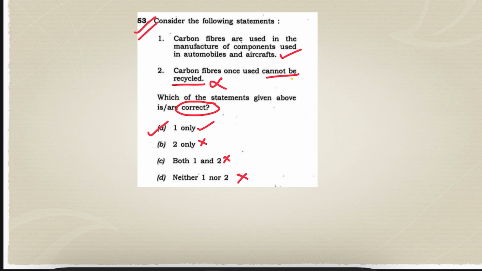Like here, you will read first option A, that only one is correct. Yes, I'll put a little tick mark in front of it. Then option B, it's only second is correct, this is wrong.